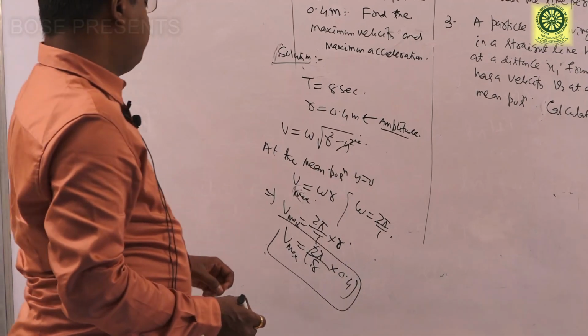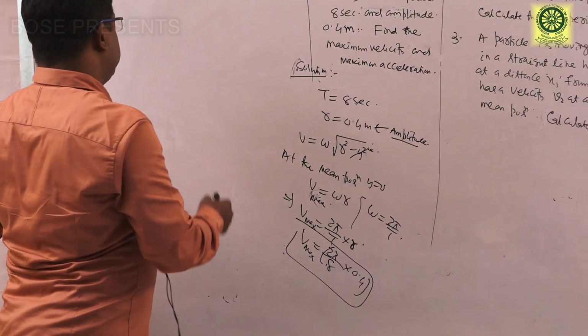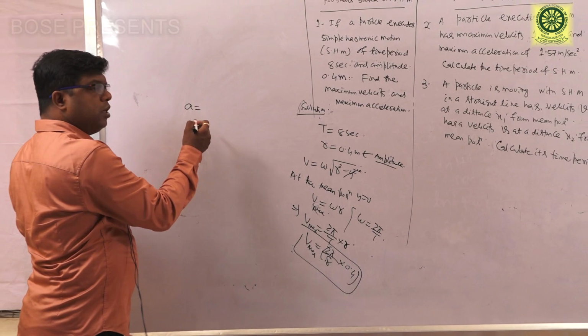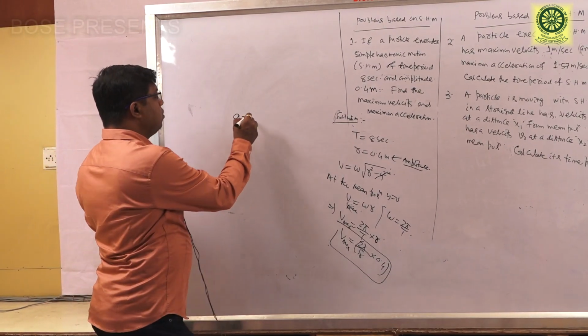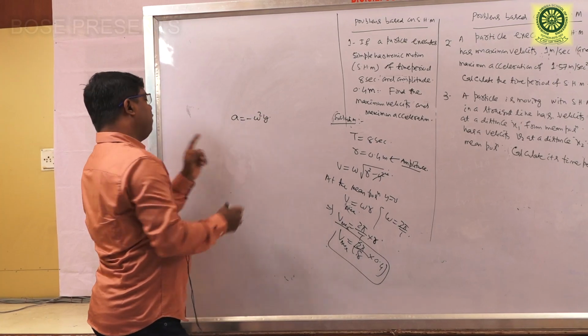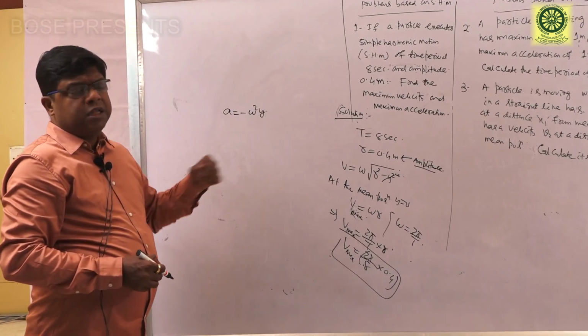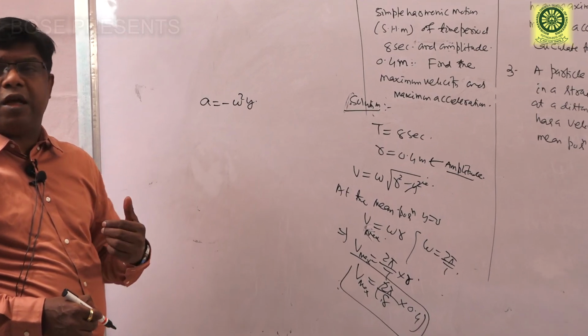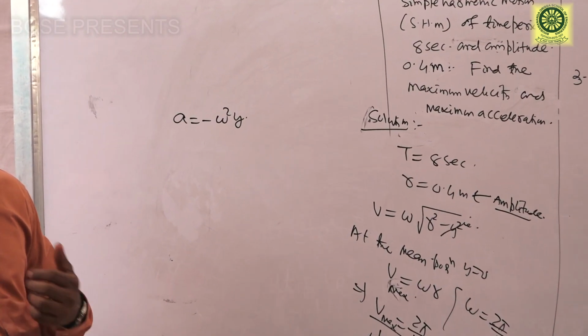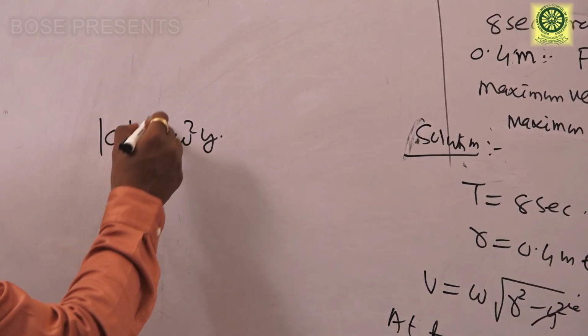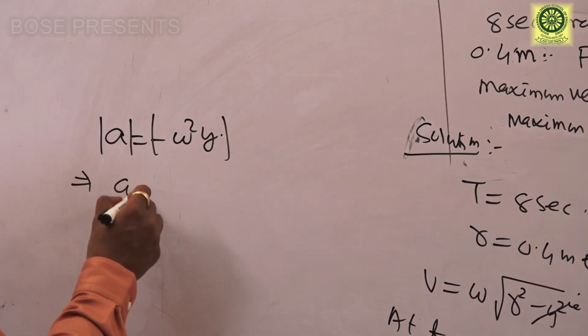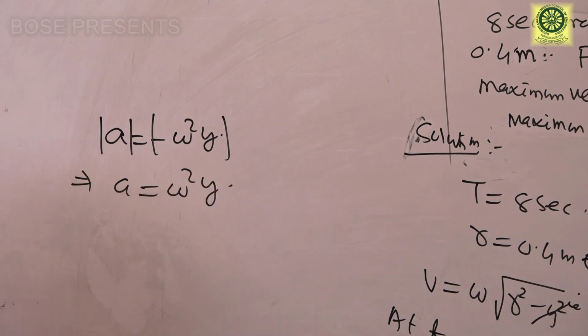Next is the maximum acceleration. You know the acceleration at any displacement y from the mean position in SHM is a is equal to minus omega square y. Negative means the displacement and acceleration are in opposite directions. So the magnitude of acceleration is a is equal to omega square y.